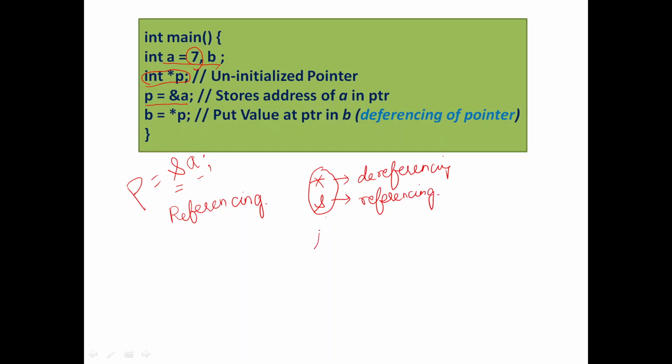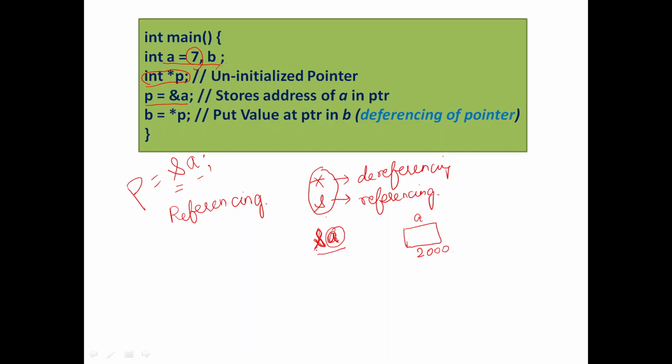Whenever we use the ampersand symbol in front of a variable, it will return the address of that variable. So I have used the ampersand symbol in front of a, so this will return the address of the variable a. Suppose the variable a is stored at the address 2000.